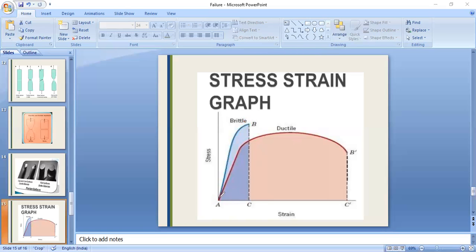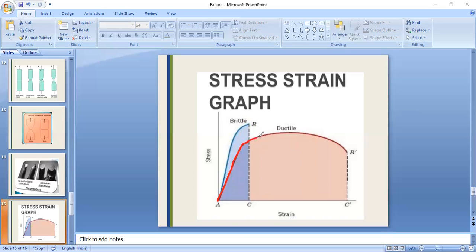Now, ductile material. In the ductile material, this is the elastic region, up to here. After the elastic region, it is giving information, or giving a warning, to the operator or anyone who is observing.